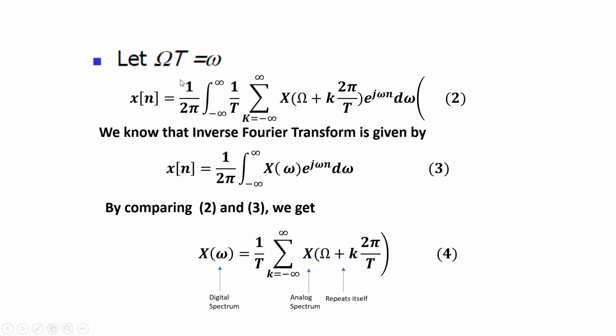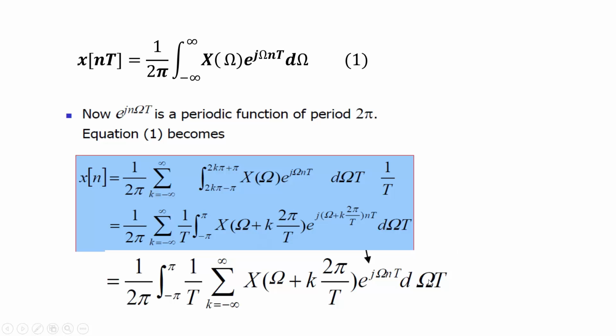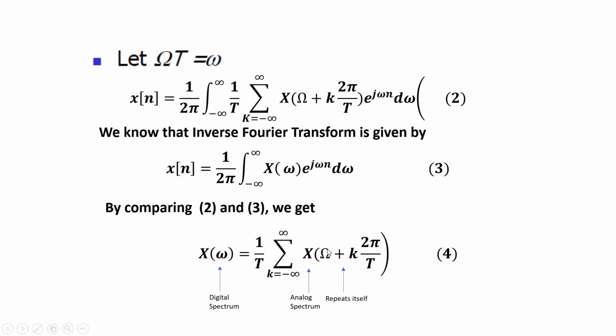I can replace big omega and capital T with small omega. After doing this, my x of n will be 1 over 2 pi, with big omega and capital T replaced with small omega. This is the modification done in this equation.